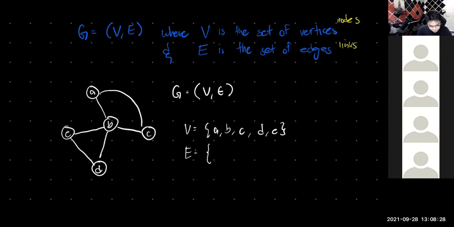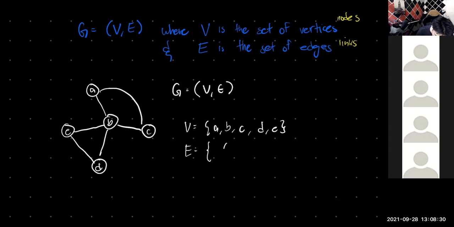So here I have an edge between A and B. So edge AB, let's check that off so that we know we've hit that. And then we also have edge AC. And then we have edge BC.